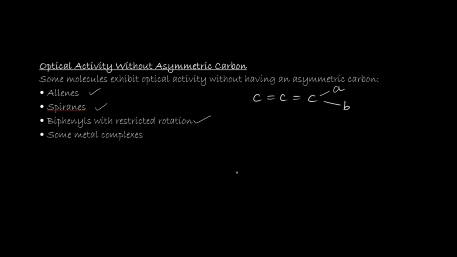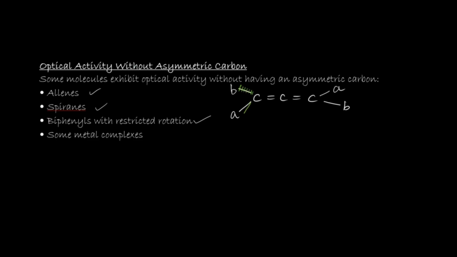The first one is allenes. You can see it has C=C=C in the middle, 3 carbons, and A and B, different atoms, are attached. How does it become optically active? The first thing is, it has double bonds in between, and these double bonds are arranged perpendicular to each other.